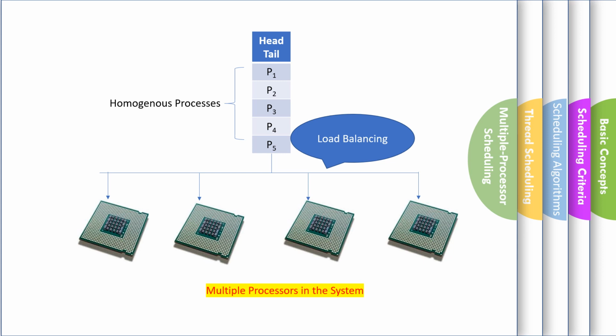The processes can be homogeneous or heterogeneous. Homogeneous means all are similar kinds of applications running. Heterogeneous means a lot of different kinds of applications running. In this case, the multiprocessor scheduling algorithms have to take care of load balancing. That means a single CPU should not be given all the processes to execute.